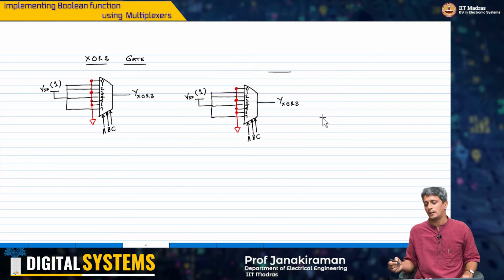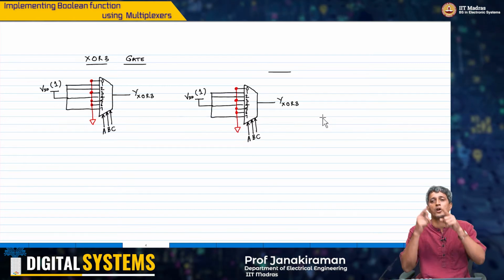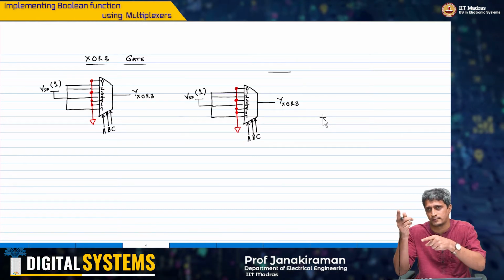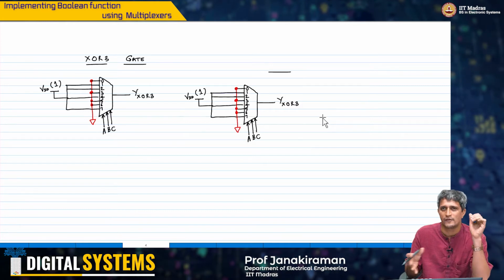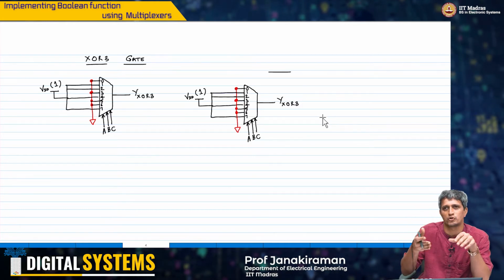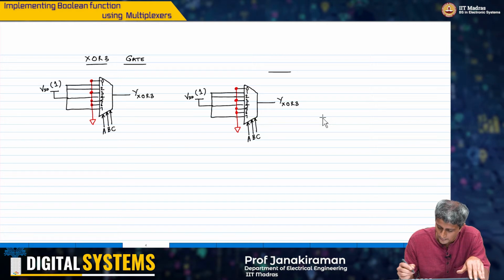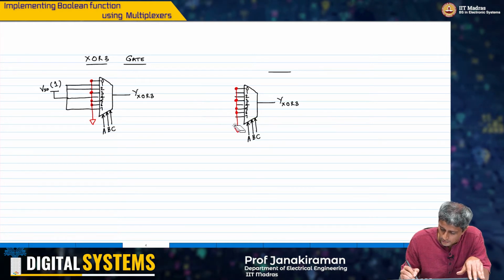Remember, the multiplexer itself is a decoder driving many tri-state inverters, right? And therefore I have an issue, I don't have access to that decoder output essentially, for me to optimize things further.